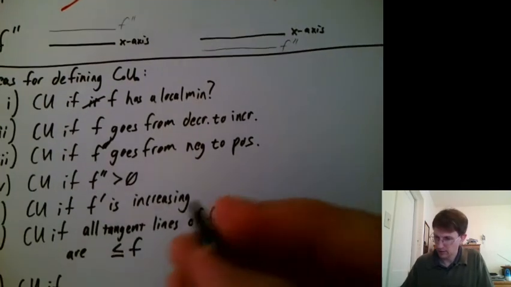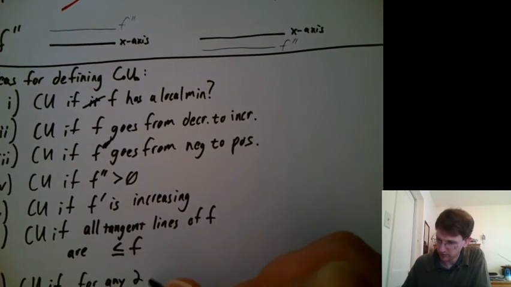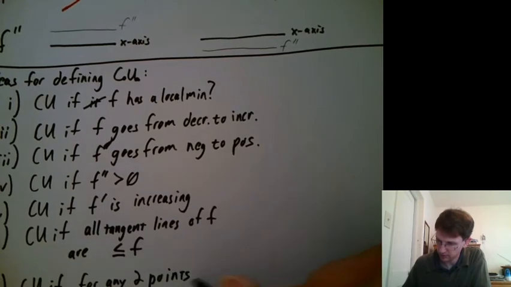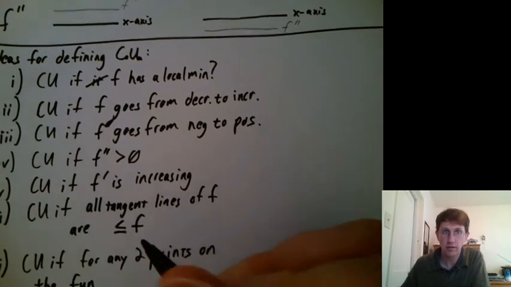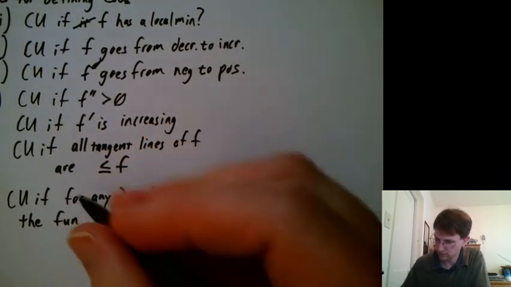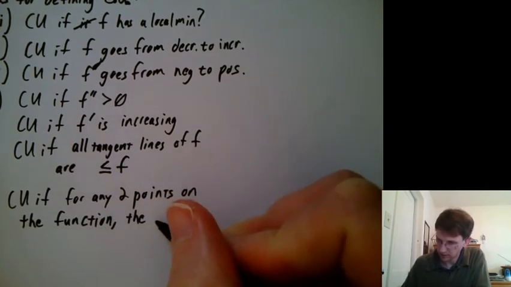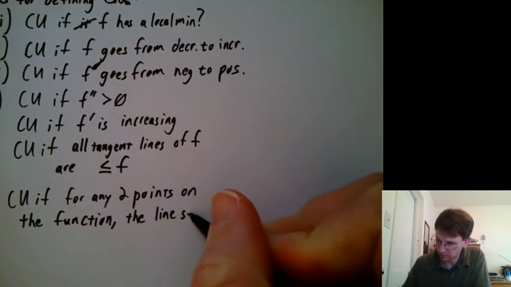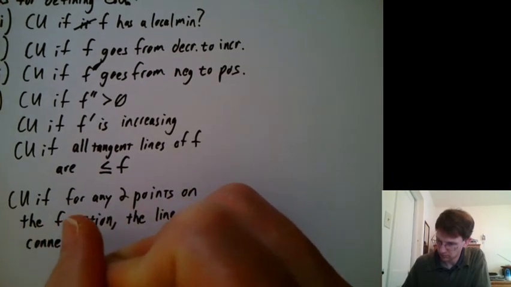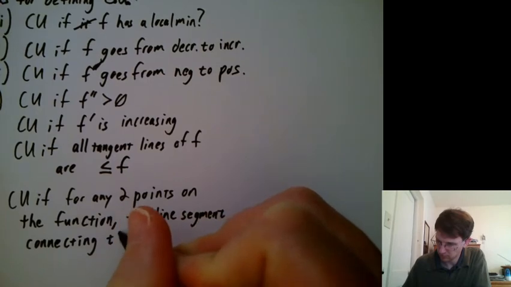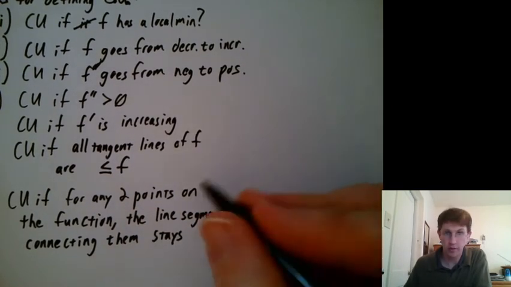So we could say concave up if for any 2 points on the function, the line segment connecting them stays on or above the function.